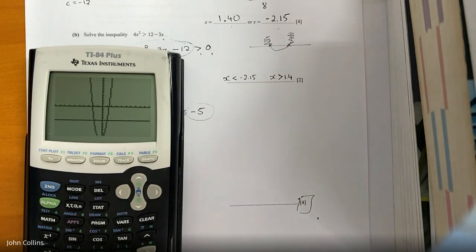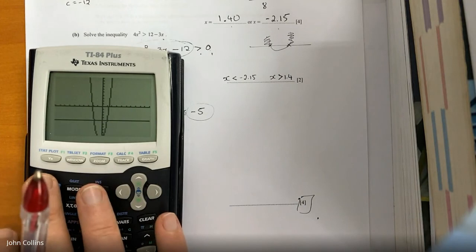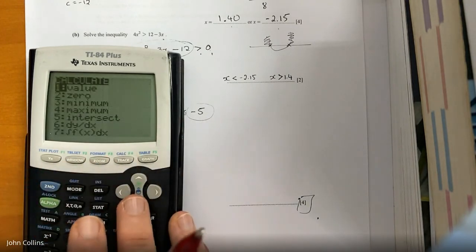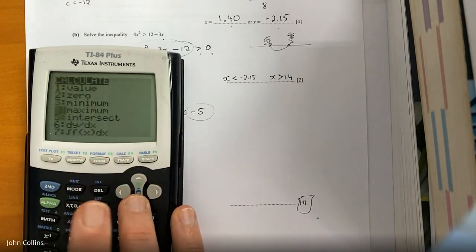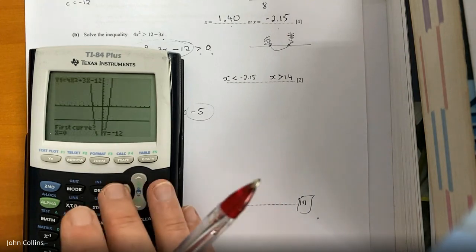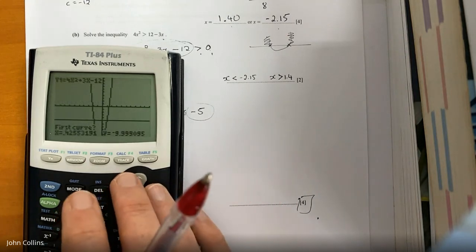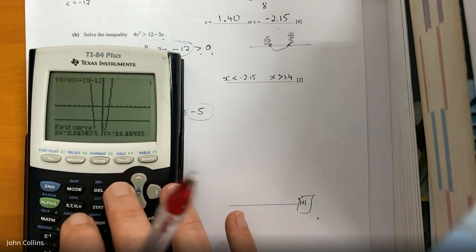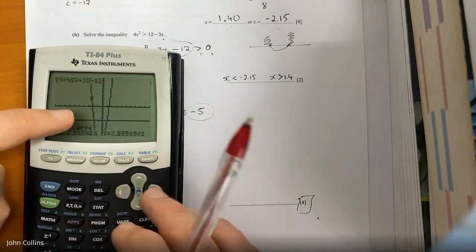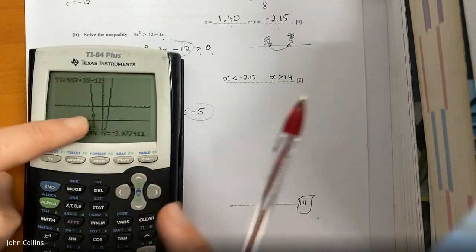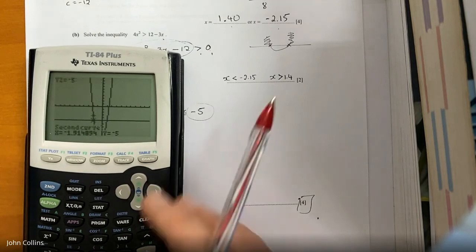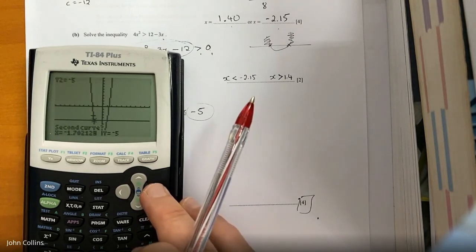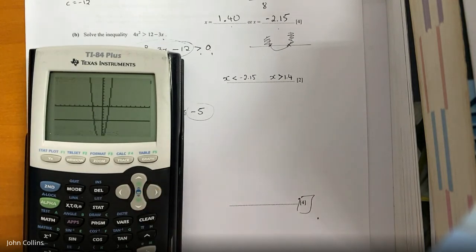How do I do that? Second trace. I'm looking where those two lines intersect. I'm going to look for this point first. So I put on the first curve to the left of it, on the second curve to the right of it, press enter.